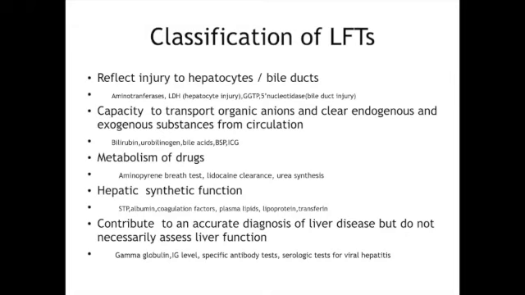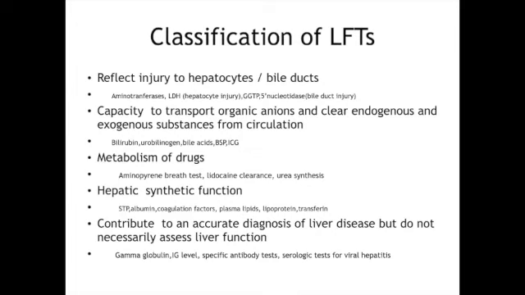So liver function tests can be classified as those reflecting injury to the hepatocytes or bile duct, like the aminotransferases, LDH, gamma glutamyl transpeptidase, 5-nucleotidase, etc. Or they may indicate the capacity to transport organic anions and clear endogenous and exogenous substances from the circulation. So bilirubin is actually excreted by the liver, and that represents the clearance of toxins from the system.